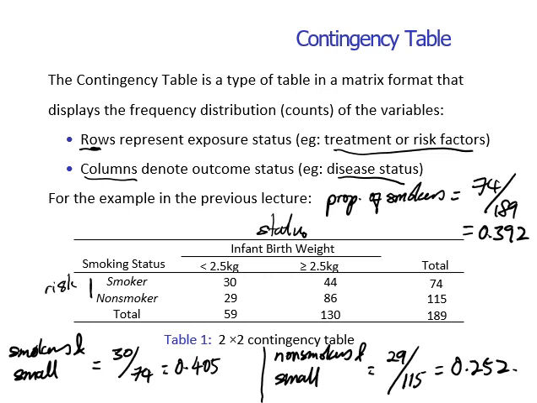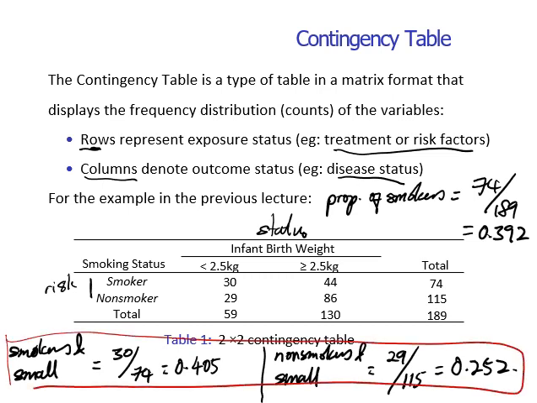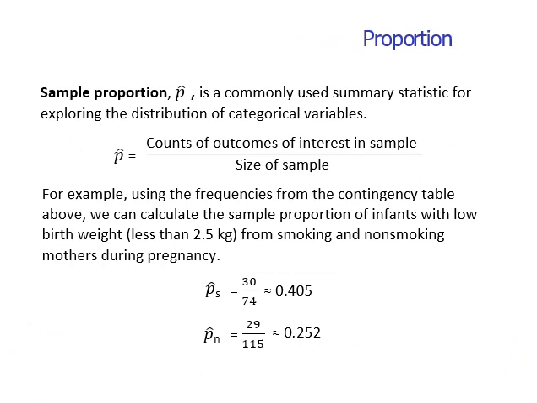So this is, let me just highlight. This section is what we call your sample proportion, and in fact, this is also a sample proportion. We'll go through that in your next slide. All right, this is precisely the calculation we did in the previous slide. Sample proportion is a summary statistic looking at categorical variables.